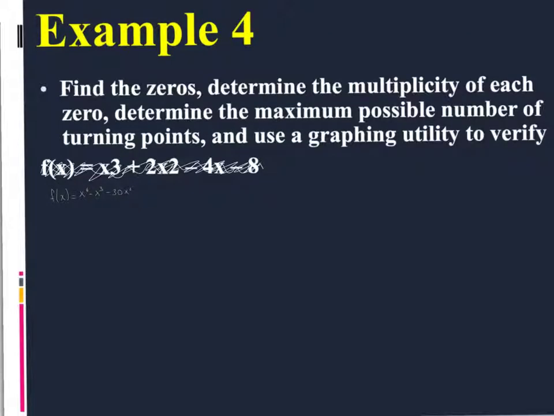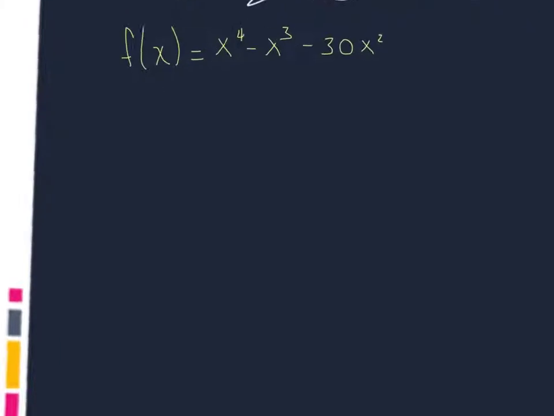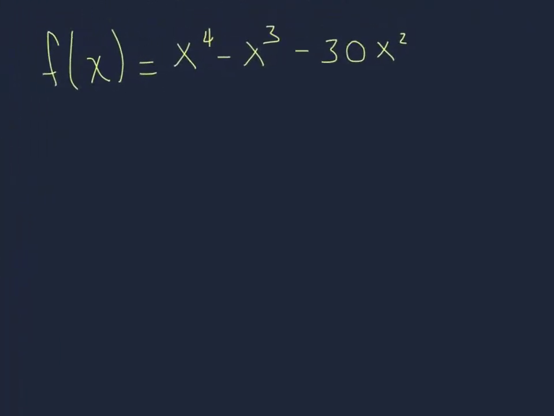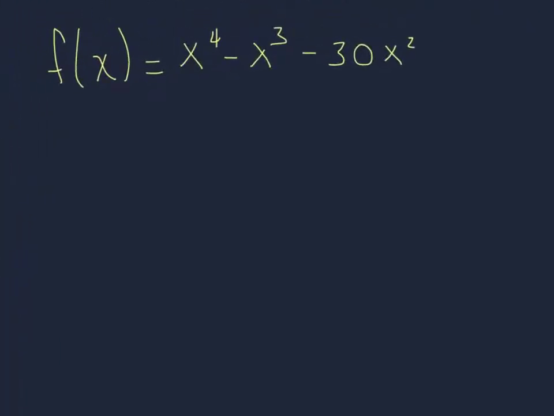Okay, so now let's take a look at this example and put it all together. It says find the zeros and determine the multiplicity of each zero and determine the maximum number of turning points, and use a graphing utility to verify. So check your answers when you're done. Alright, so here's the function. I like to begin with the end behavior.